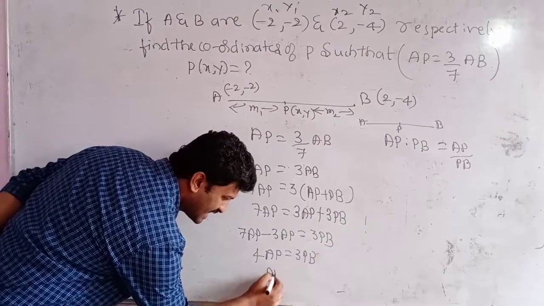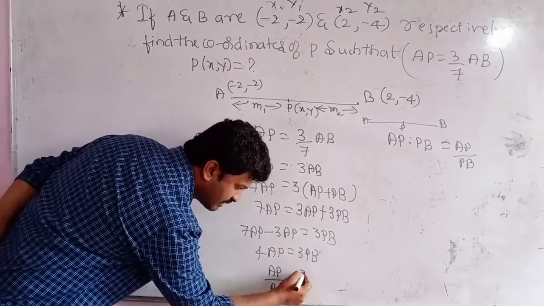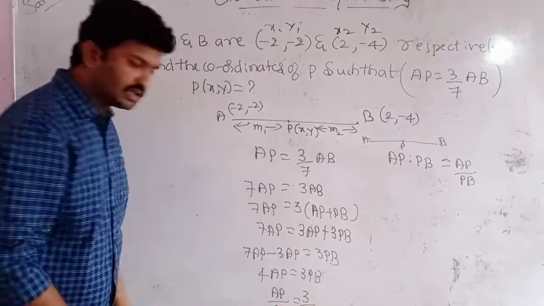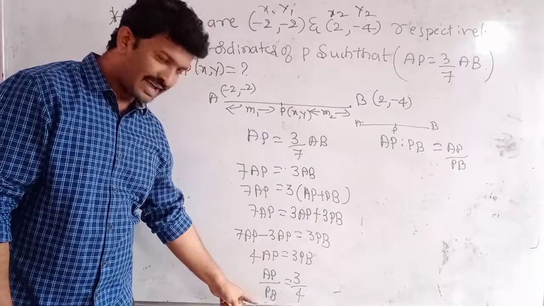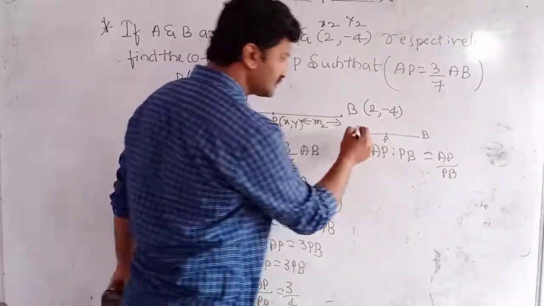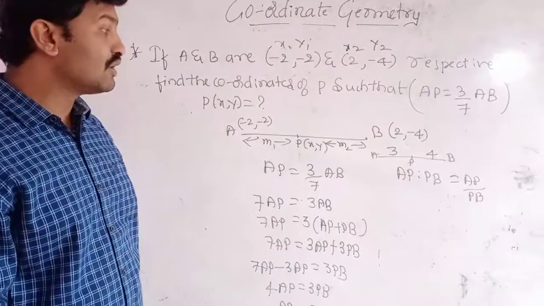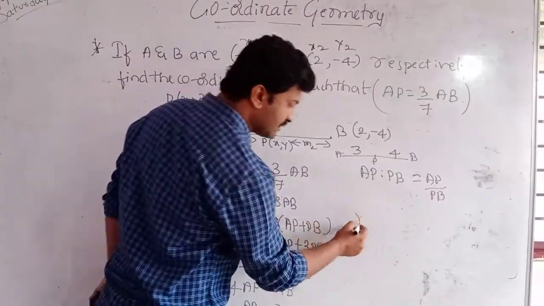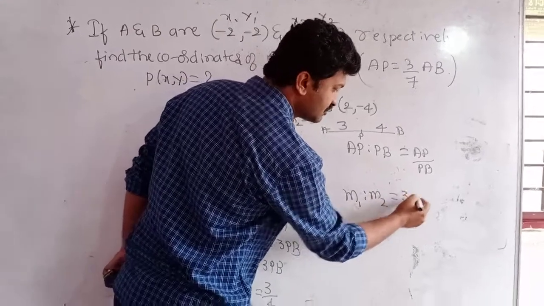AP divided by PB, and this 4 goes to the denominator. Now we got the ratio of this line segment: AP equals 3 and PB equals 4. Now we got the values of the ratio: m1 is to m2 equals 3 is to 4.